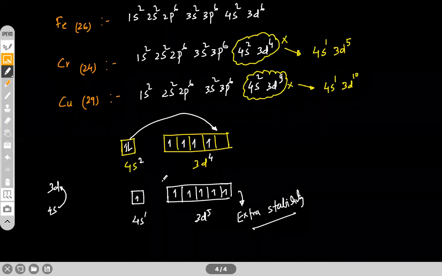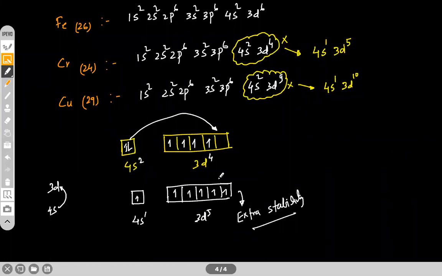Okay. Yes, Dev, that's right. Same thing happens in this also. If one electron jumps here, all the orbitals are completely filled. So this one has a fully filled configuration.